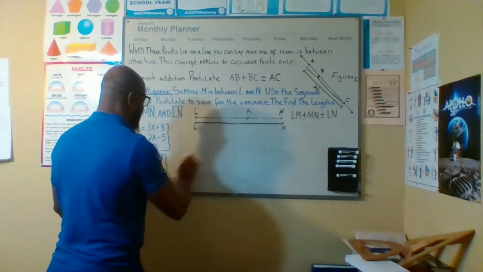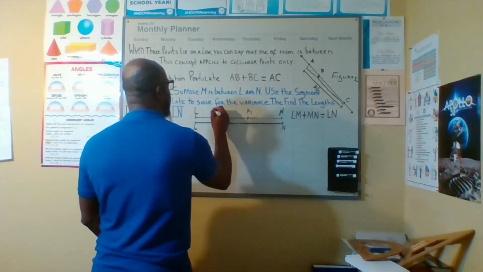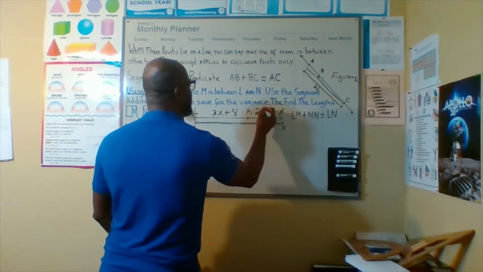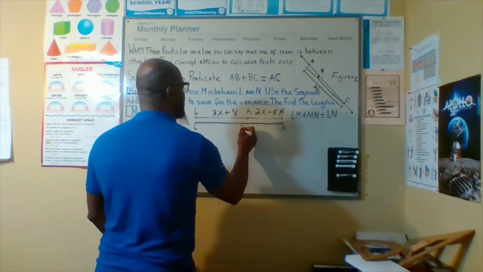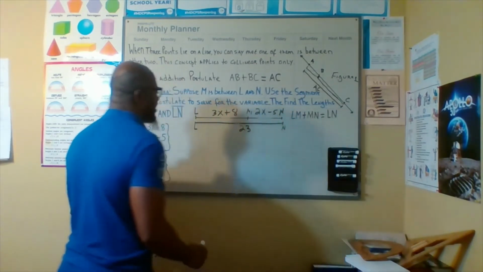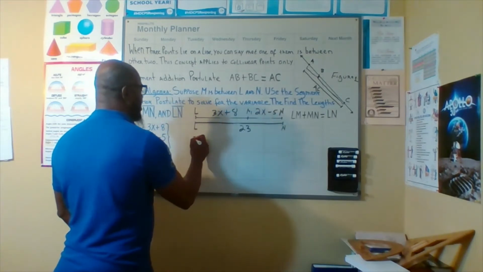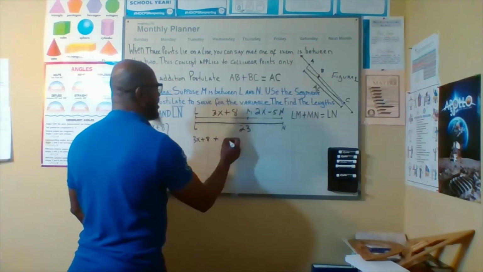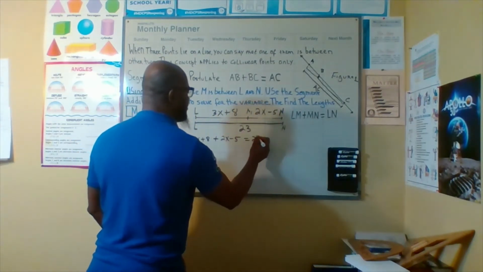Remember the concept, and as long as you know how to solve. LM is 3x plus 8, MN is 2x minus 5, and LN is 23. That will be LM, which is 3x plus 8, plus MN, 2x minus 5, is equal to 23.